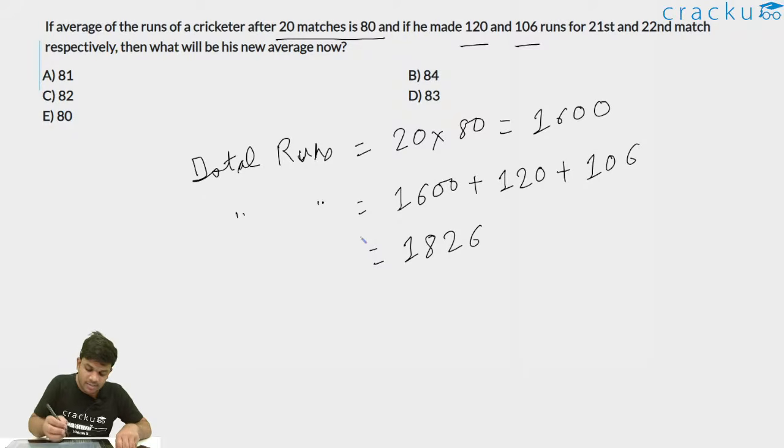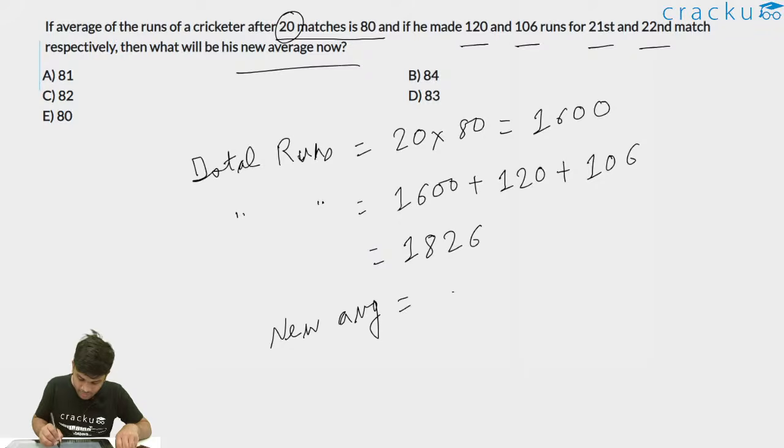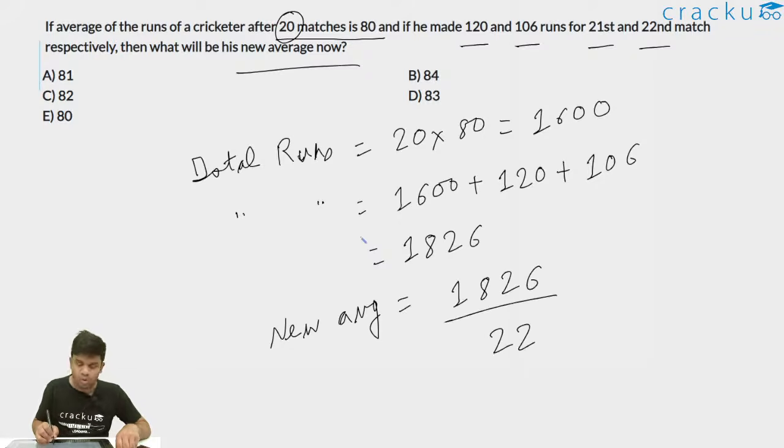This is the total number of runs that the batsman scored after 22 matches. Why 22 matches? Because 20 matches was initially given and 2 matches are again played. So the new average of the batsman will be 1826 by 22.